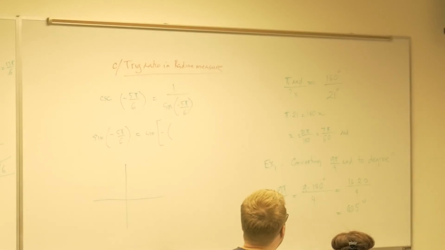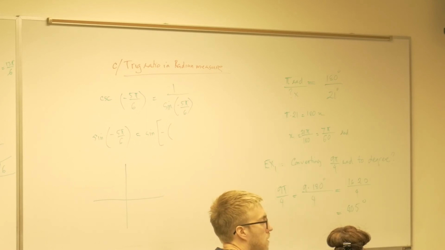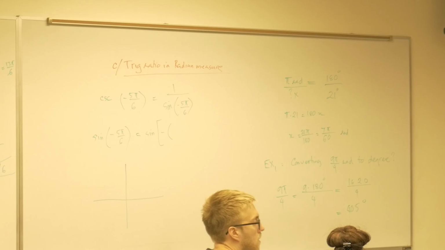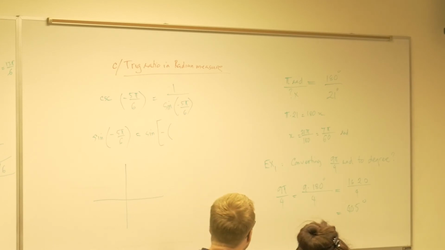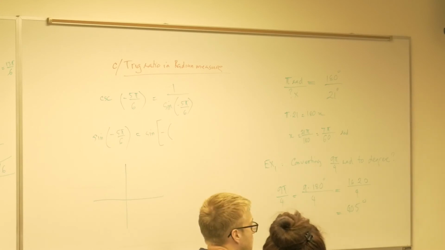5 pi over 6. How are we going to rewrite 5 pi over 6 such that it involves a special angle, or an angle that we can evaluate manually? What do you think?